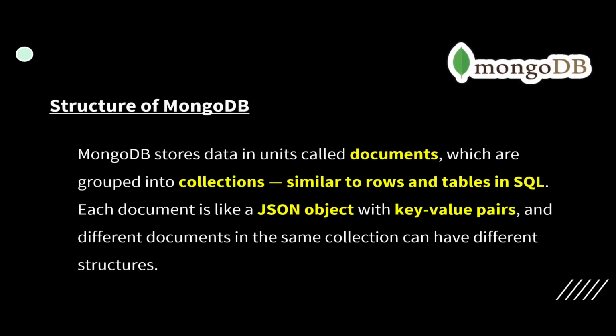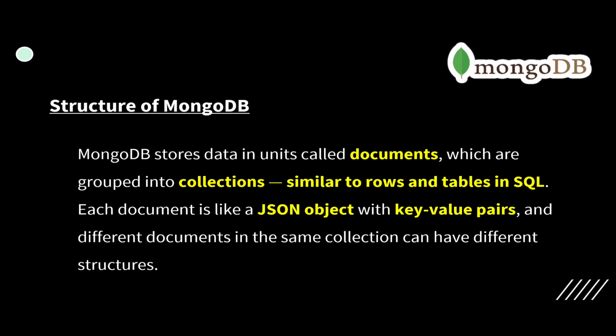Now, let's discuss the structure of a Mongo database, or how data is stored in it. A Mongo database has the basic units of documents which are grouped into collections, and both documents and collections are similar to rows and tables in SQL. So what we could consider is there is a database.